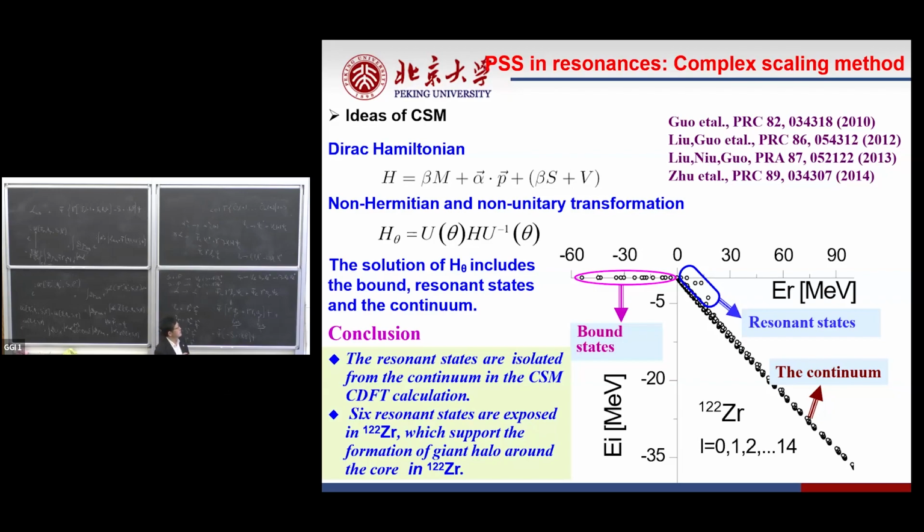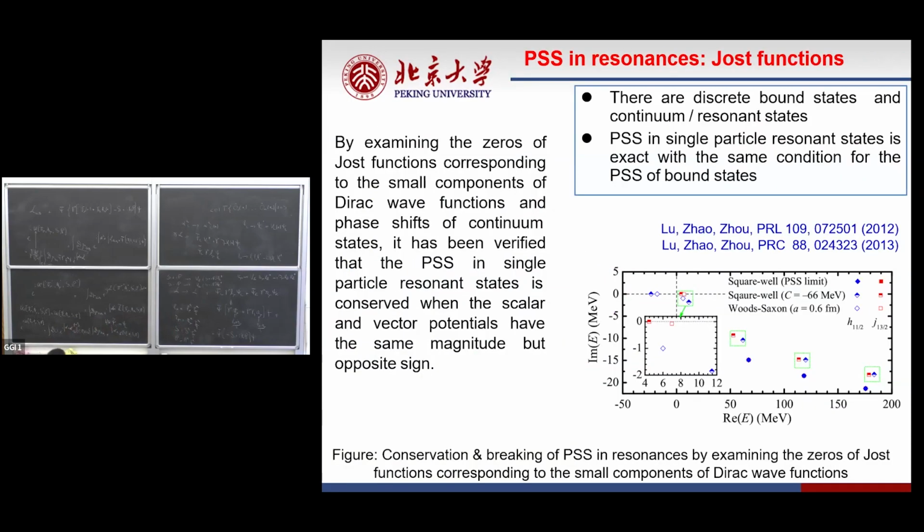For example, the complex scaling method, to identify the resonance from the Rayleigh-Schrodinger continuum. There is also a way in the continuum where the zero point of the Jost function is equivalent to resonance. There is a lot of work along this way.